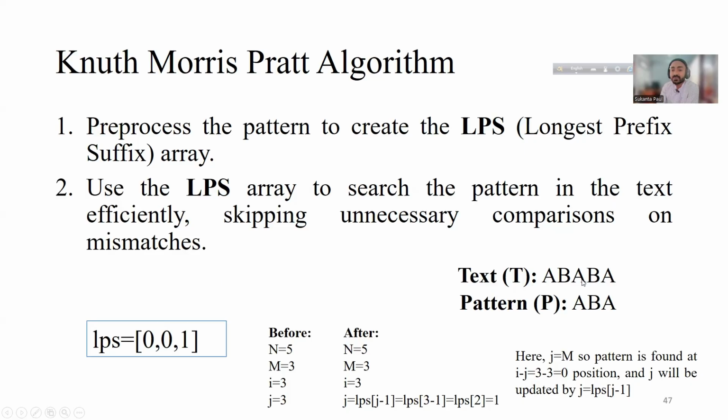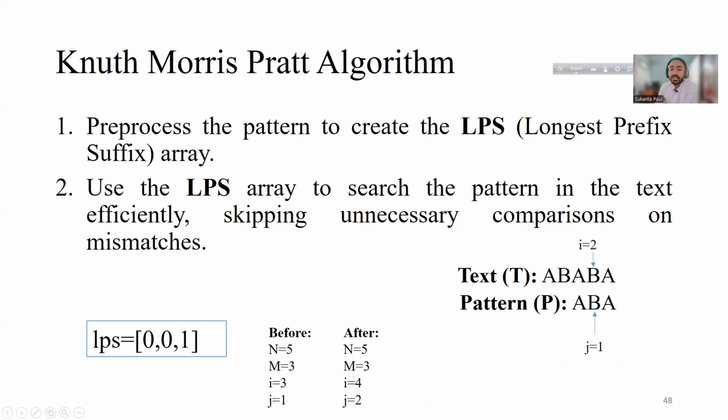So in the 0th position, we get the pattern. And the value of j will be updated by LPS[j minus 1], which means LPS[2], which is 1. So the new value of j will be 1.